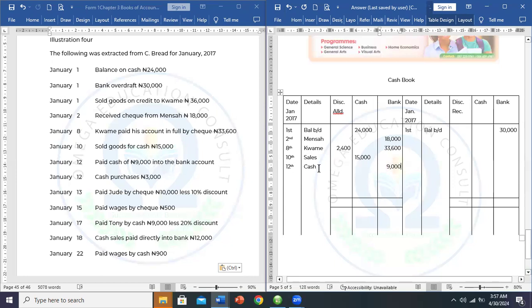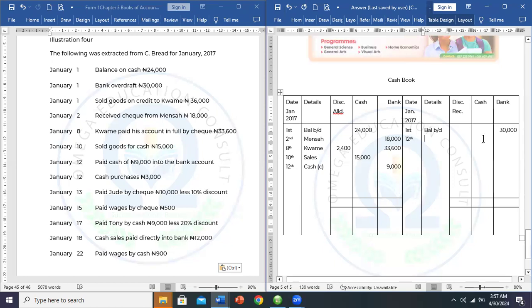Okay. Don't forget your contra sign because there's a contra entry. Okay, then we do the credit entry for the cash. So on that same date 12, we are crediting cash.